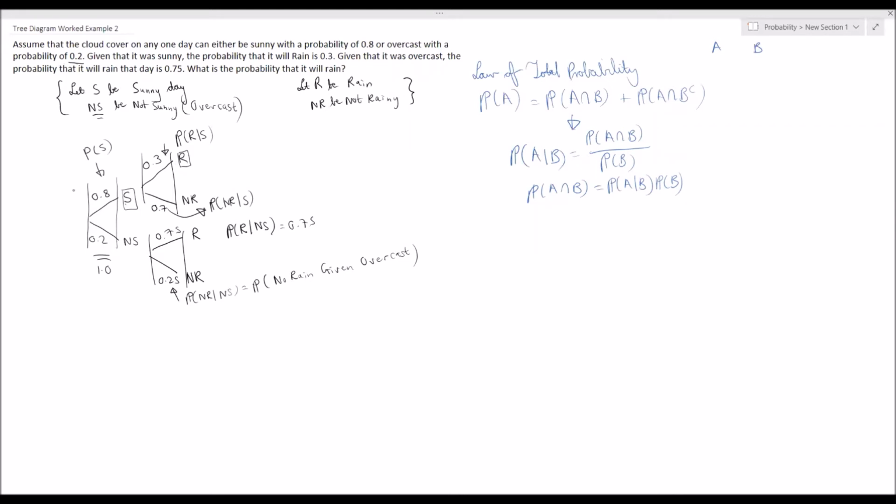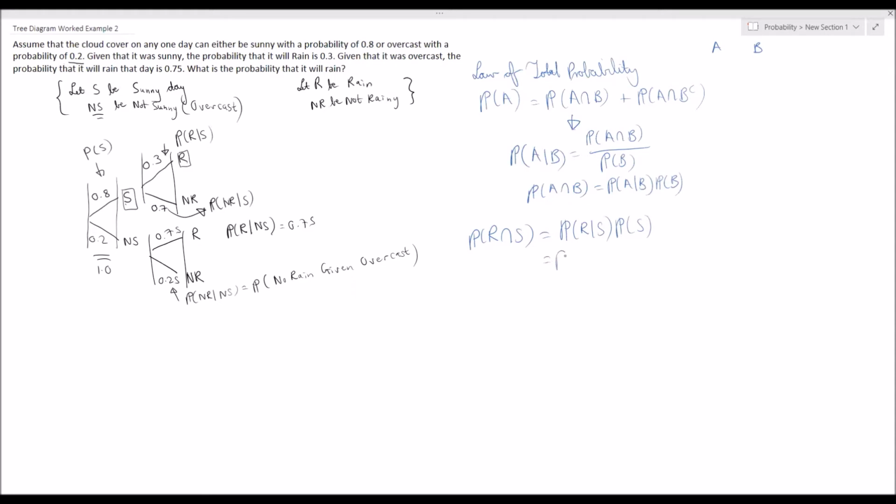So for example, if we wanted the probability of rain and it being a sunny day, if we look at this diagram, we want the probability of rain and a sunny day. That is equal to the probability that it rained given that it was sunny multiplied by the probability that it was sunny.